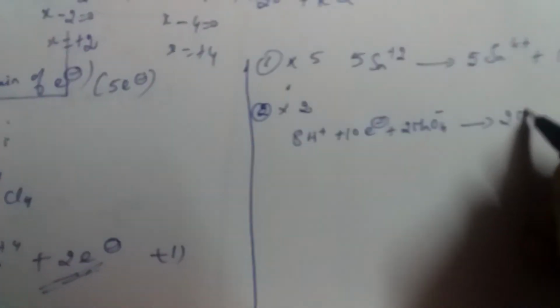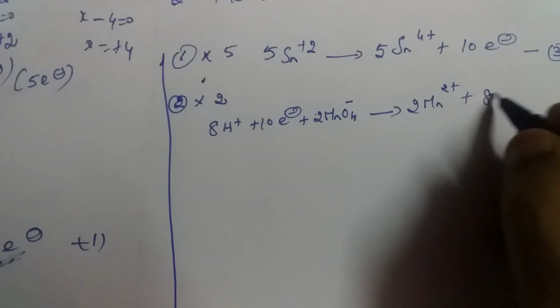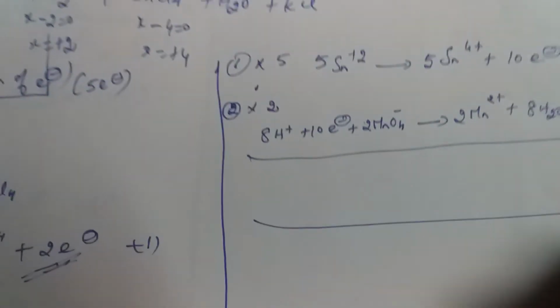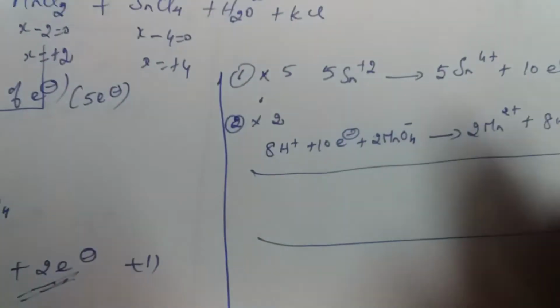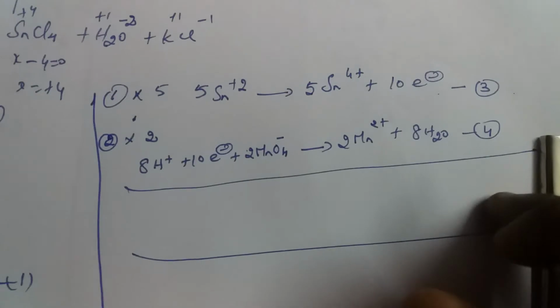So 2 Mn2 plus plus 8H2O you get. You have to add these two equations. Now I am balancing the number of electrons: here 10 electrons, here also 10 electrons. After balancing the electrons, we have to add these two equations.